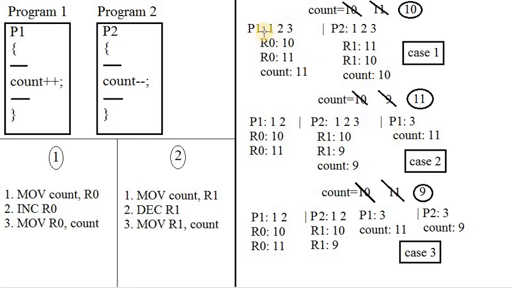So while you are executing the instructions in this order, you got 10. In this order you got 11. In this order you got 9. So which is the consistent value? I don't know. So when any 2 programs are executed parallelly, here is the problem. The problem is with the end result.